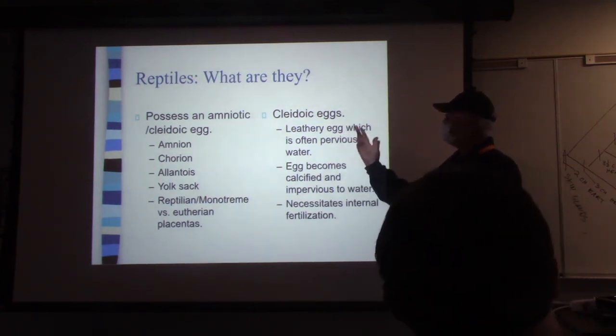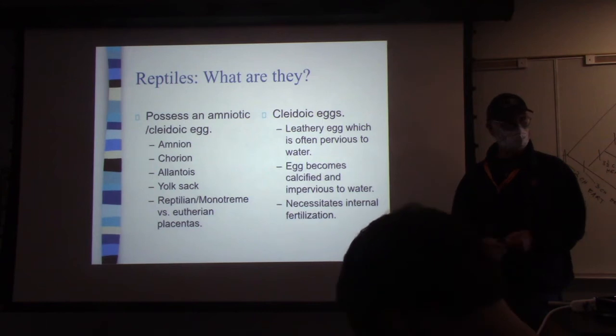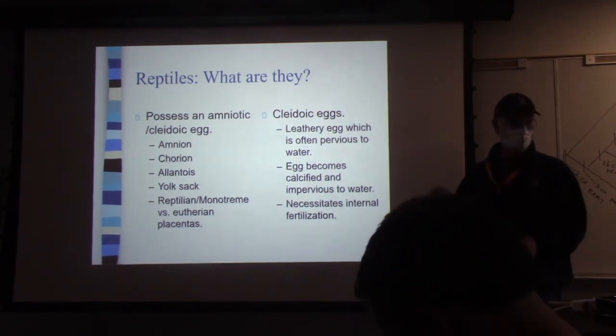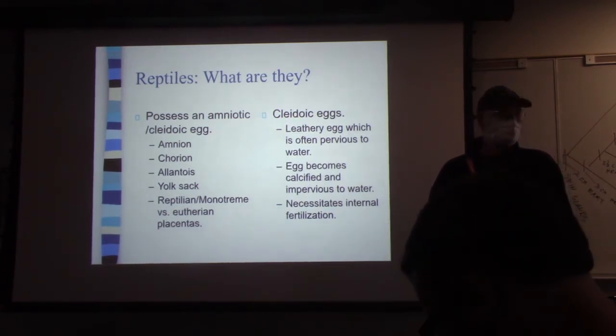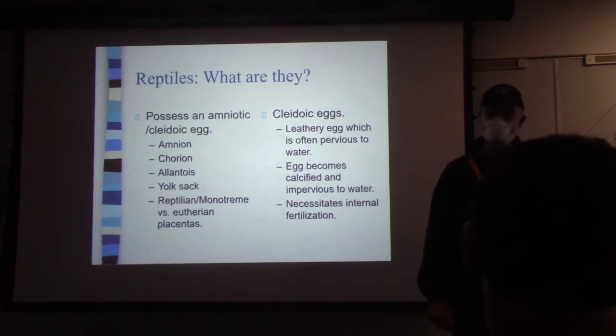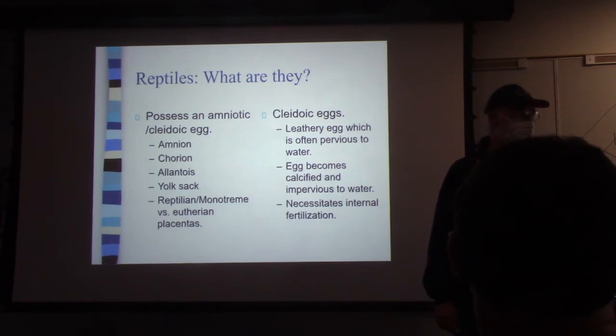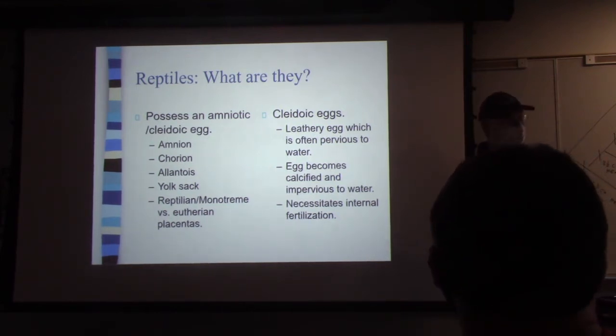So cleidoic eggs are leathery eggs that are usually pervious to water, but sometimes they are impervious to water. If you find a turtle egg or a snake egg or a lizard egg and you just put it in a warm place hoping that it's going to develop, what will end up happening is it'll dry out and shrivel up. Okay? So reptiles are very smart about where they deposit their eggs.